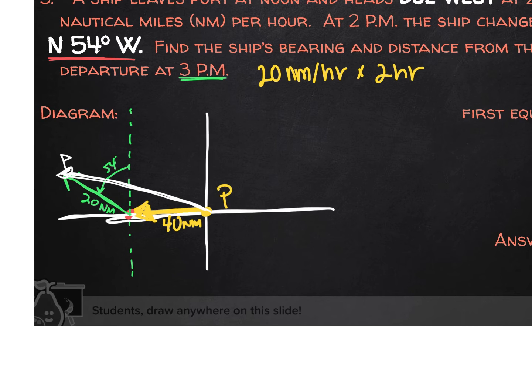I think it's helpful. I'll keep my colors consistent. I'll call this T for turn. I'll call this B for boat. So we have, this is 20, this is B, and this is T. This is 40, and here's the port.